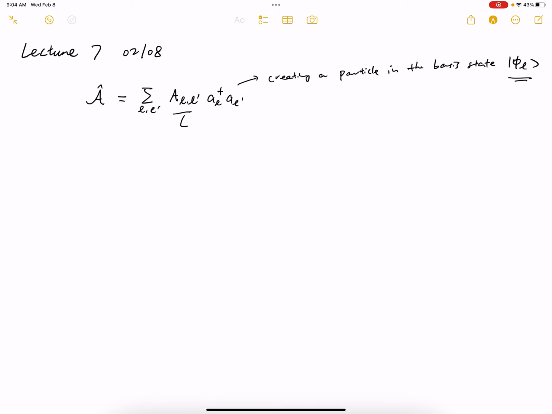And then A_LL' is the matrix element of the single particle observable A in this phi L basis.